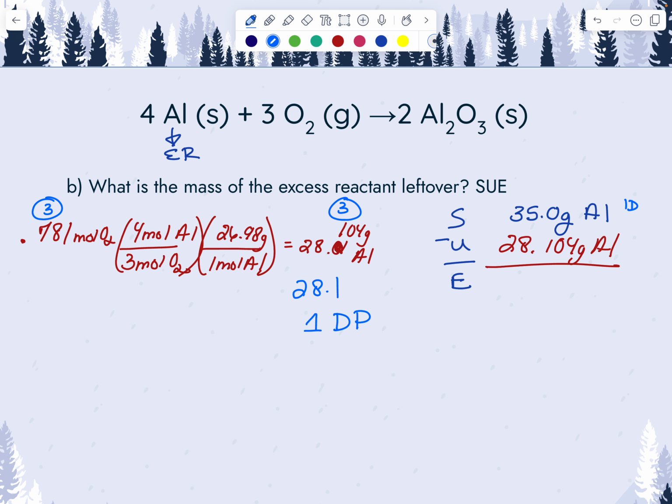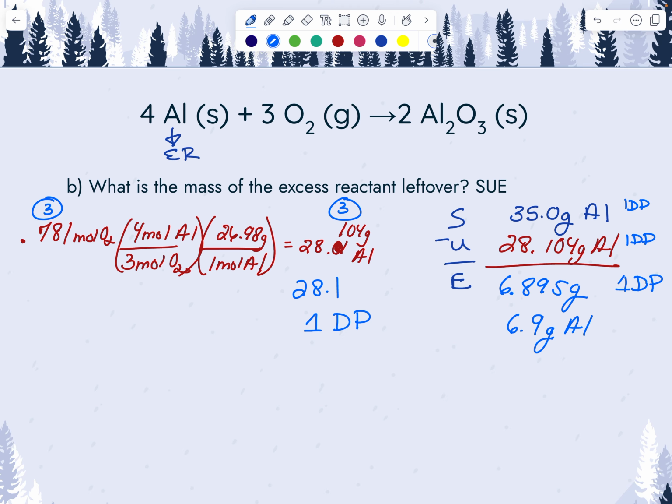So 1 decimal place minus the number that has 1 decimal place should have, in the end, 1 decimal place. I don't actually round until the very end. So my unrounded answer is 6.895 grams of aluminum, and then I round that to 1 decimal place. So 6.9 grams of aluminum left over.